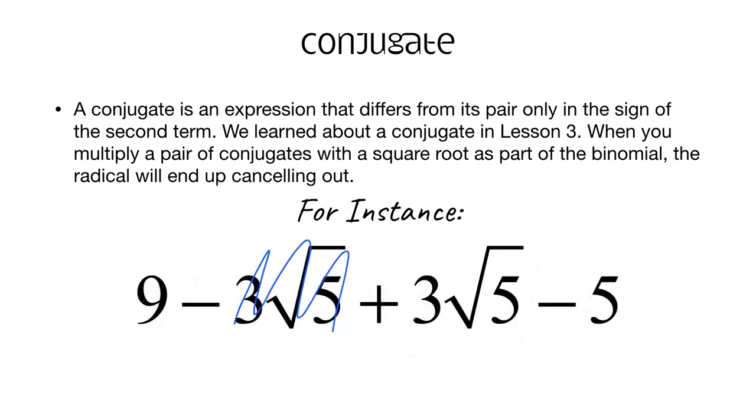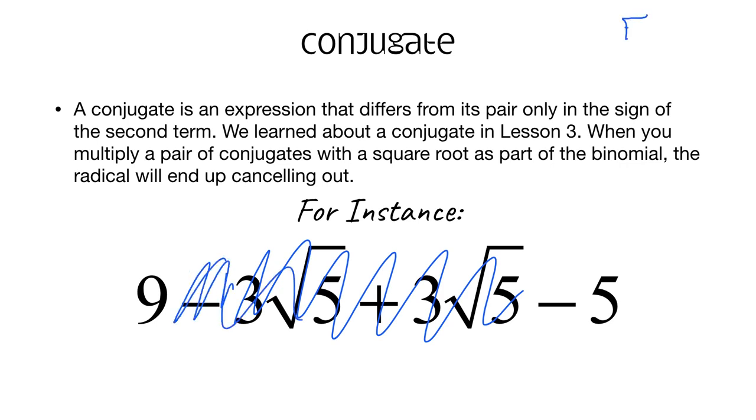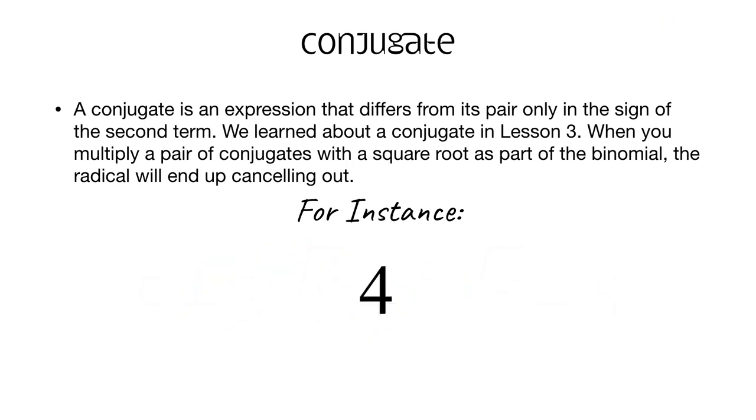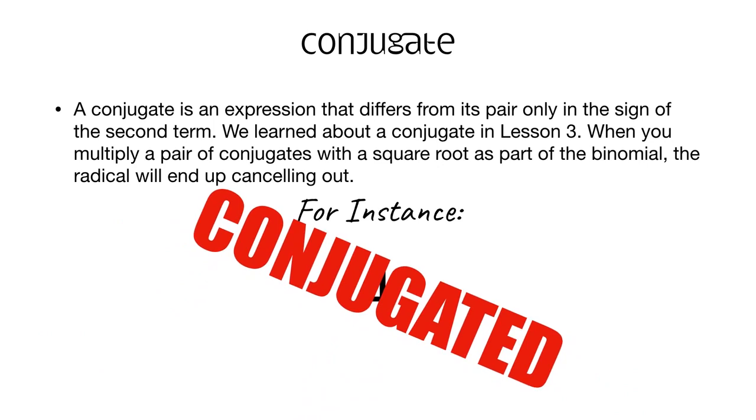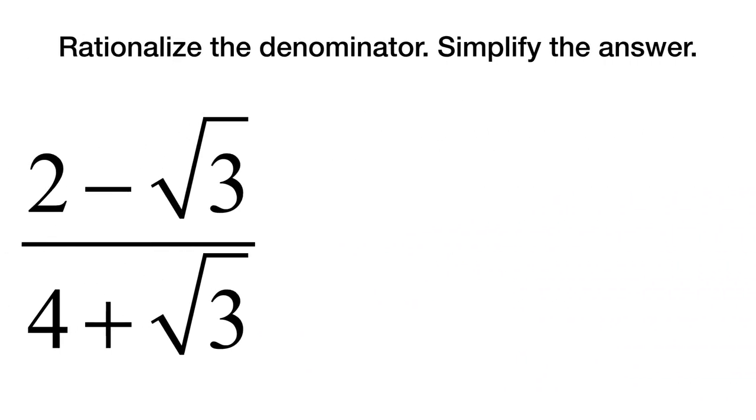And you might notice this fully cancels. That's going to actually happen a lot, to the point that rather than saying FOIL, I'm just going to say full conjugated. And we end up getting 4.